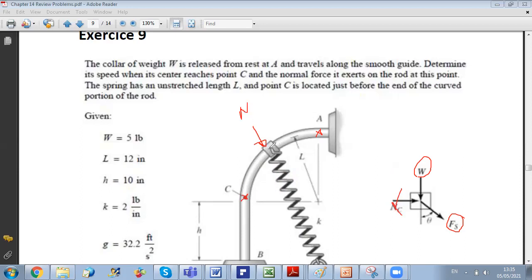I will have the friction that is opposing motion. This is F. And if we have friction, they should give me mu K. So F will be equal to mu K times N. And I have, of course, the weight and the spring force.